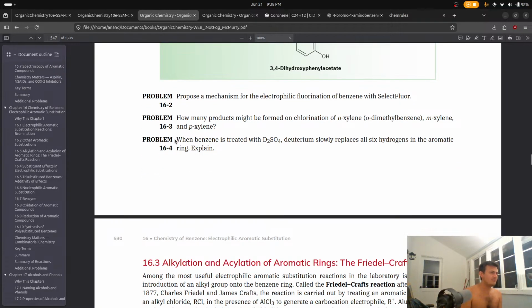All right. When benzene is treated with deuterated sulfuric acid, deuterium slowly replaces all 6 hydrogens in the aromatic ring. What the hell? What the hell is that?